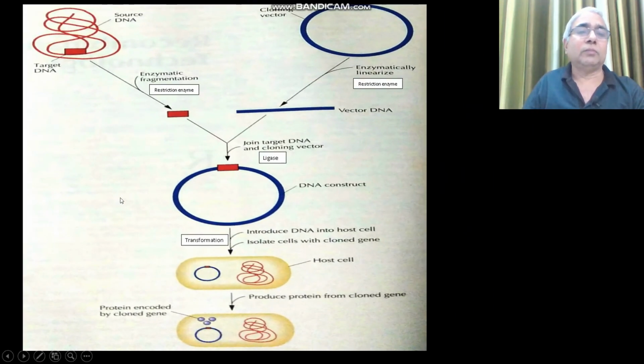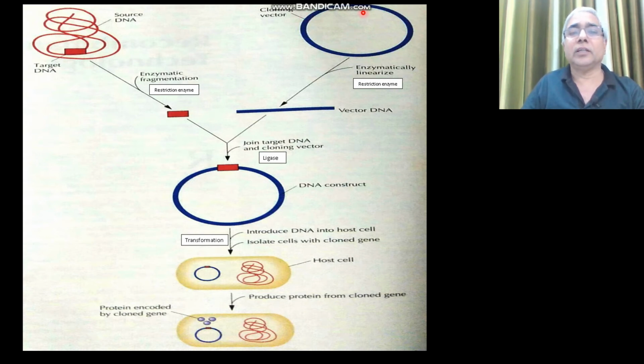First of all, we have to understand the whole process by which the recombinant DNA molecule is produced. This is the host genome from which we can find our target DNA, means our gene of interest. This is the gene of interest here selected, and this is the vector DNA, means the molecule which will be used for making the gene construct.